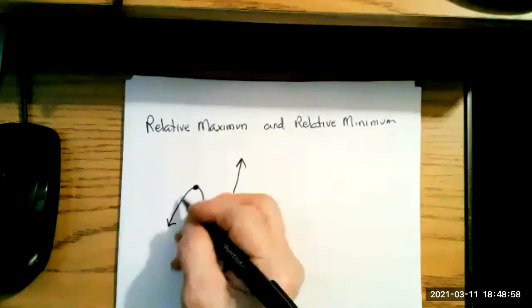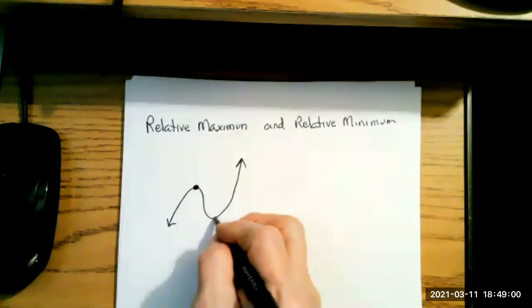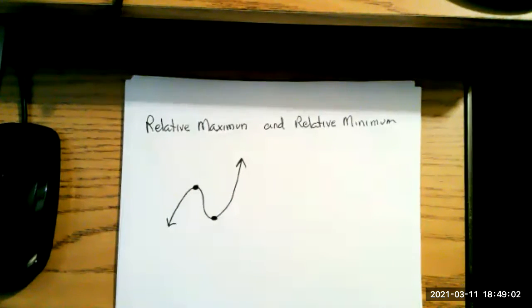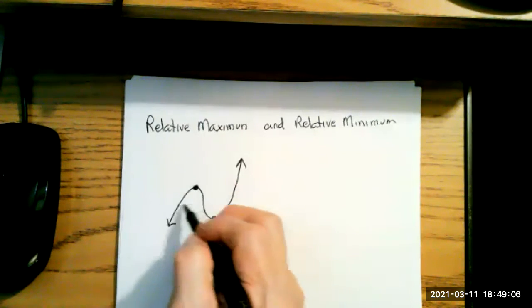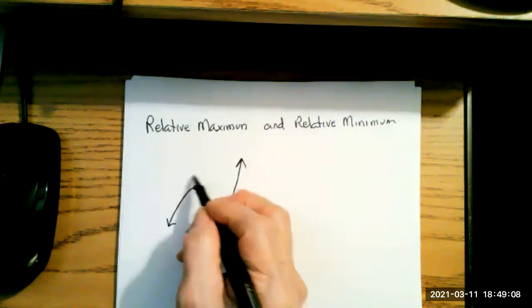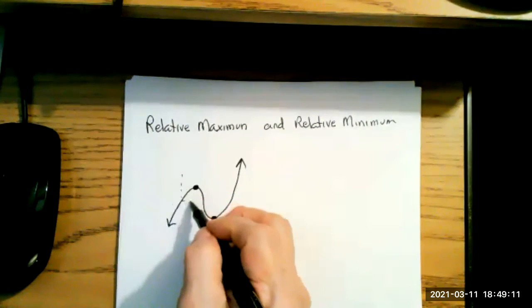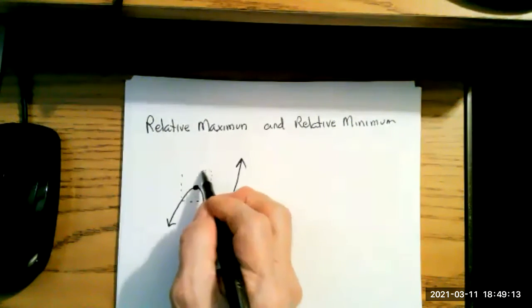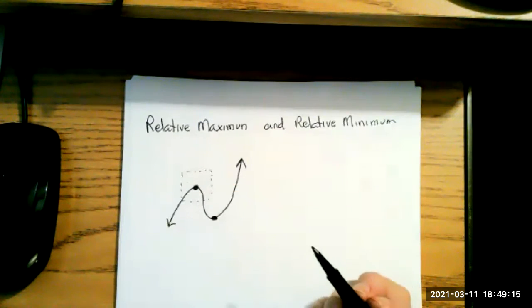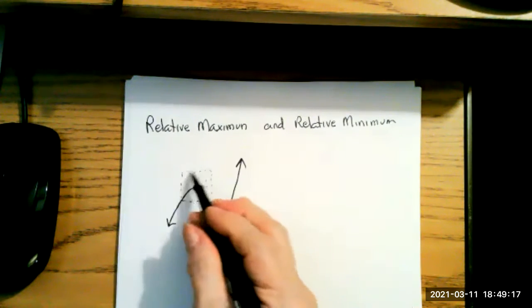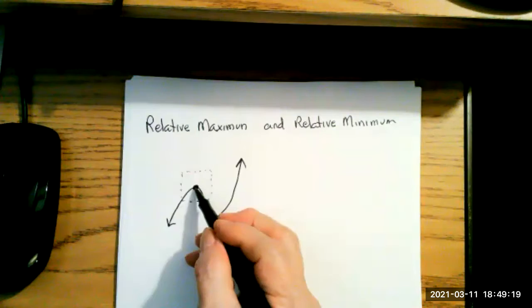Do you see how that one's kind of at the top and this one's kind of at the bottom? And relative means according to this area right around it, if I drew a little box around it, which is what you do in calculus, in that little area right there, that would be the maximum.